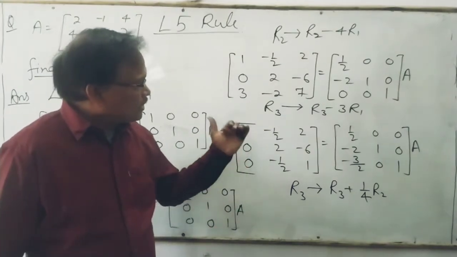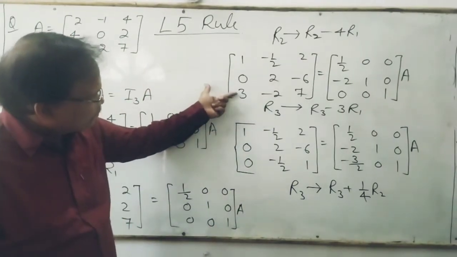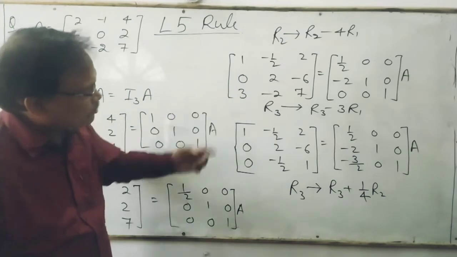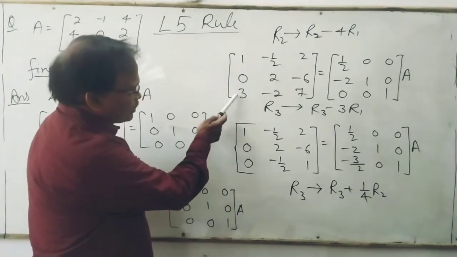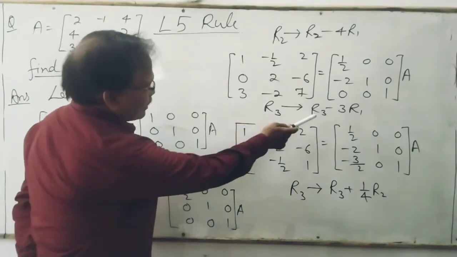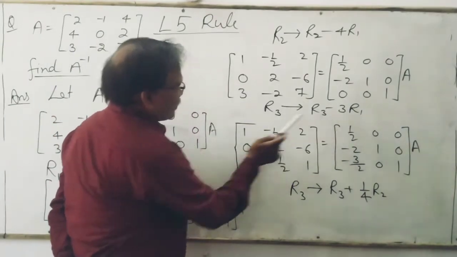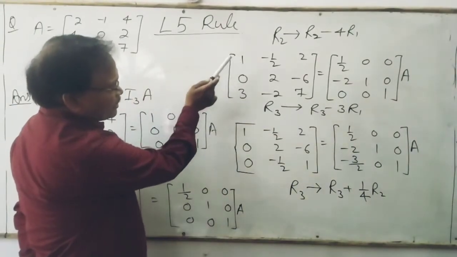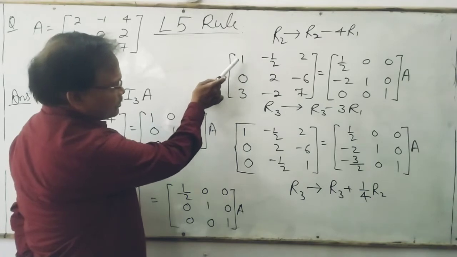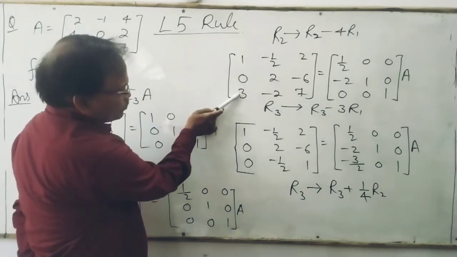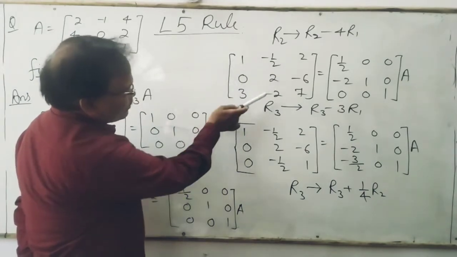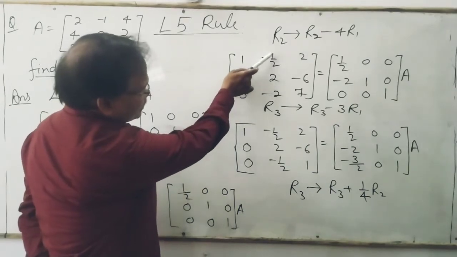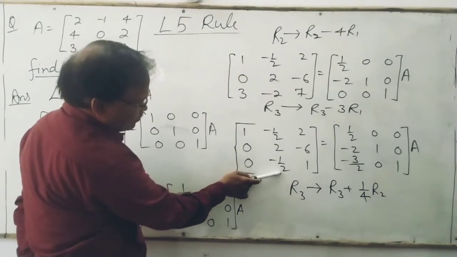Now you change this element to 0. What you will do is R3 minus 3R1, meaning multiply R1 by 3 and subtract it from R3. So 3 minus 3 will be 0, minus 2 plus 3 by 2, you will get minus 1 by 2.